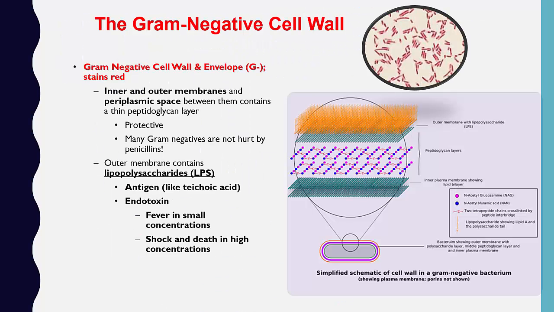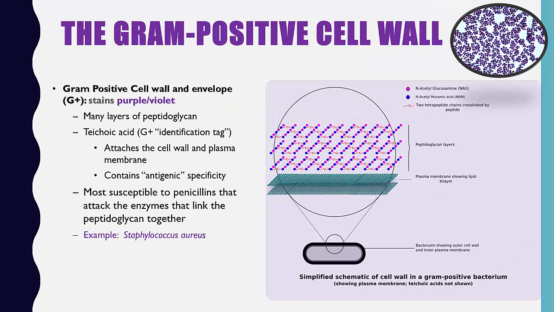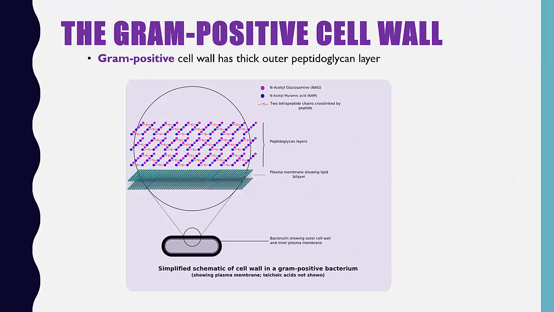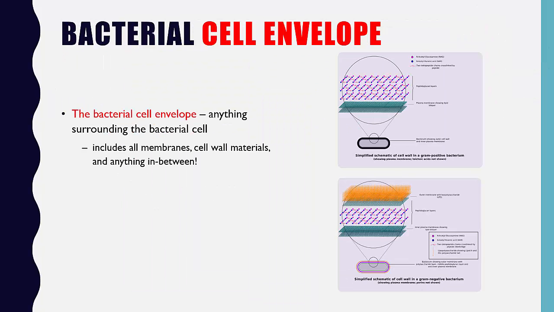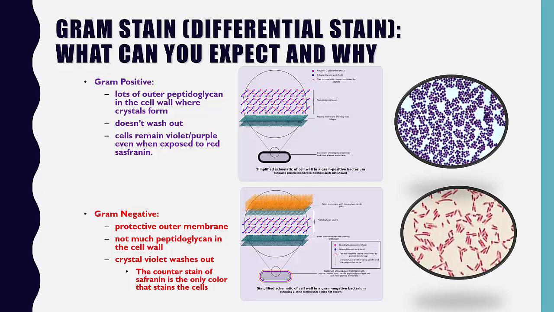Let me just back up for just a moment. And I'm going to go back to one of the original slides because right now your head is hurting, right? I'm going to help a little bit. All right. Here's our gram positives. Here's our gram negatives. Now, remember this. Repeat after me.